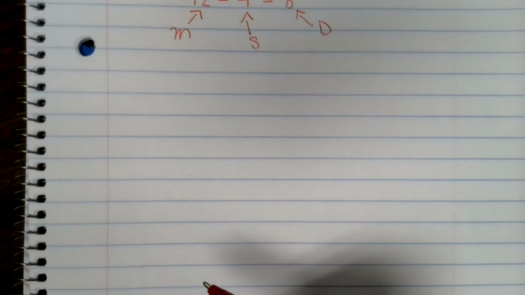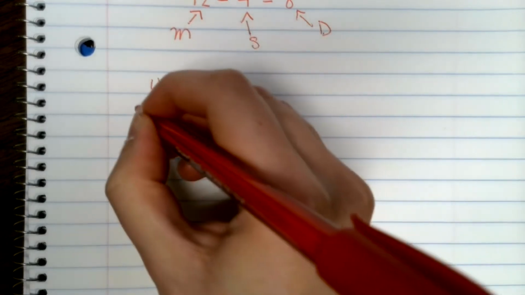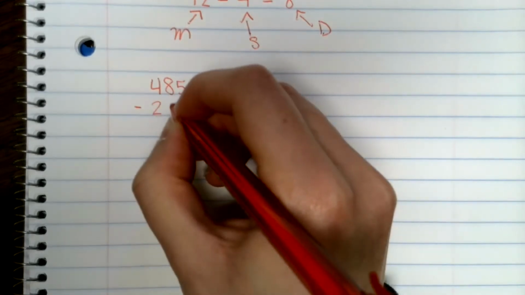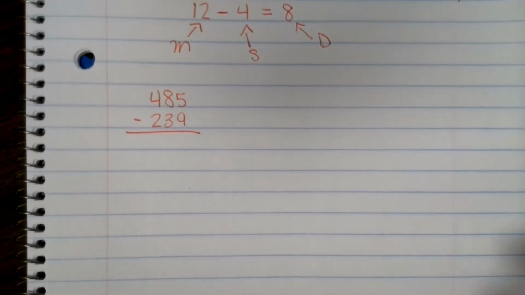So let's think of some numbers. Let's start simple. 485 minus 239. Okay, so you're probably familiar with some subtraction and how you need to go about doing this.